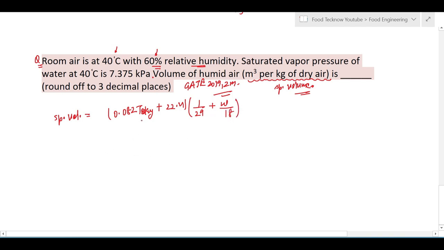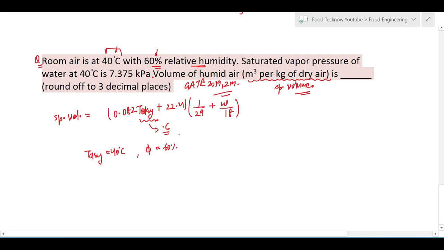Okay, and this dry bulb temperature is in degrees Celsius. You need not convert it into Kelvin. So the dry bulb temperature here is 40 degrees Celsius, and the relative humidity, that is phi, is equal to 60%.